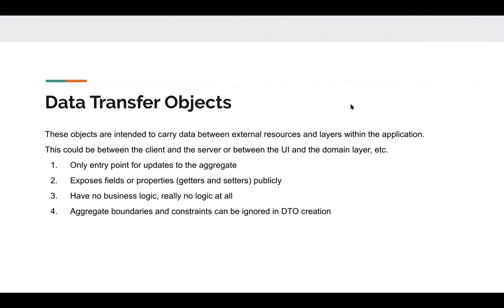Two, they expose fields or properties through getters or setters publicly. They have no business logic, really no logic at all. I think, again, three helps you better separate the boundaries, and four, aggregate boundaries and constraints can be ignored in DTO creation. So everything that's around aggregate boundaries, you don't need to worry about.